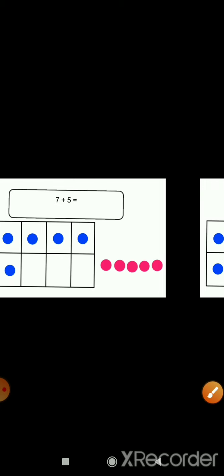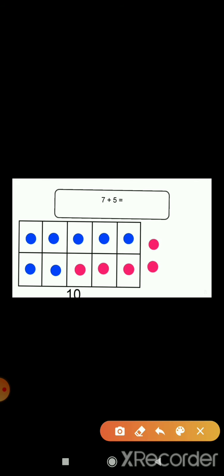Now students, how many balls are remaining? 5 pink colored balls. We have to put these also in the box of 10. But we cannot put all the 5 balls because only the space of 3 balls was there.